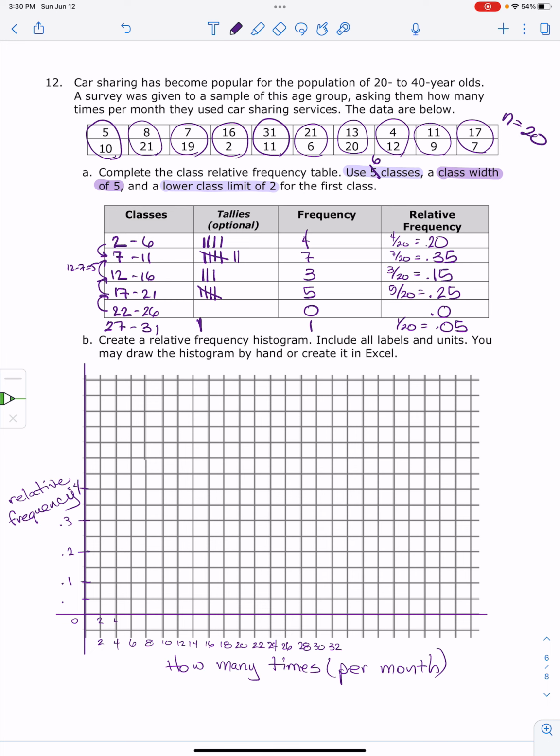Okay, up to 40%. So my first class, 20%, starts at 2, goes to 7, right? And so that here is in the middle.